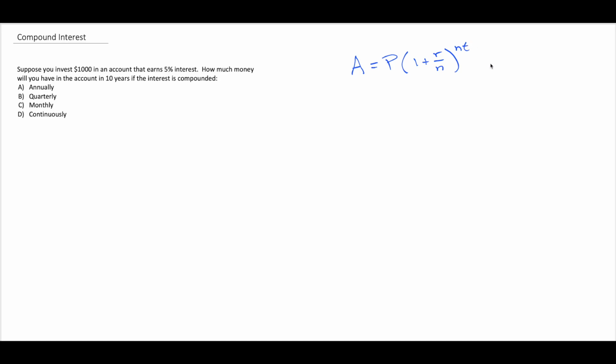So we're basically going to be talking about investing money in an account where P stands for the principal. So this will be the amount of money that we are investing. And then A is going to be the amount of money after interest has accrued.